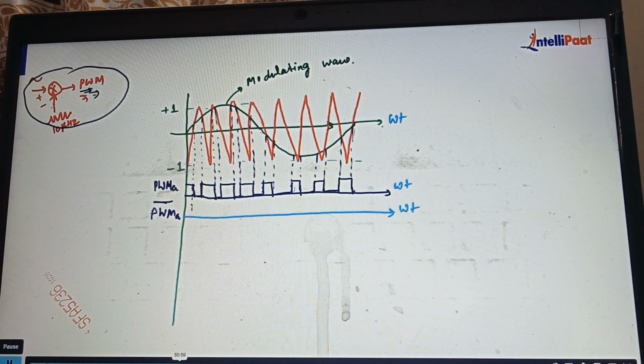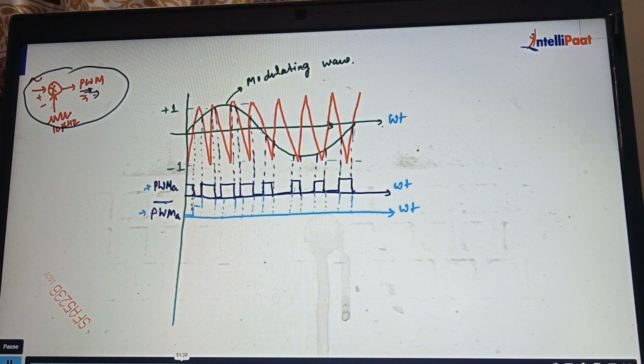But we are saying if switch 1 is on, when PWM A is on, PWM A bar, the lower switch, will be off, not negative. So what does it mean? If we extend this waveform here, these dots here, it means if PWM A is on, this switch will be off.